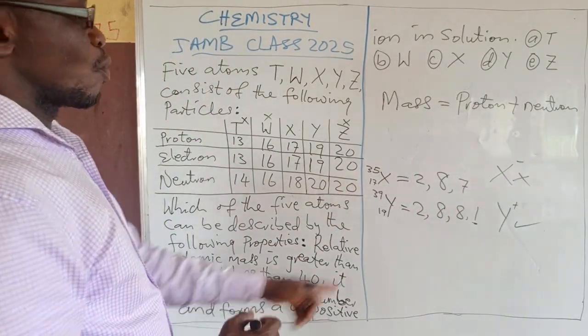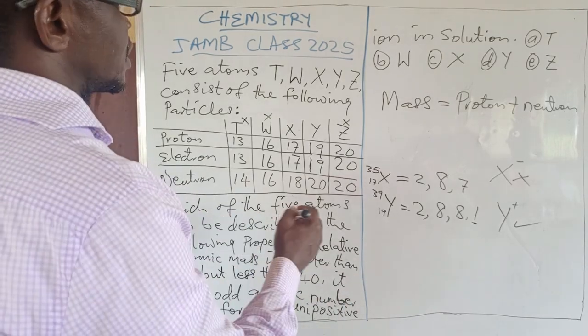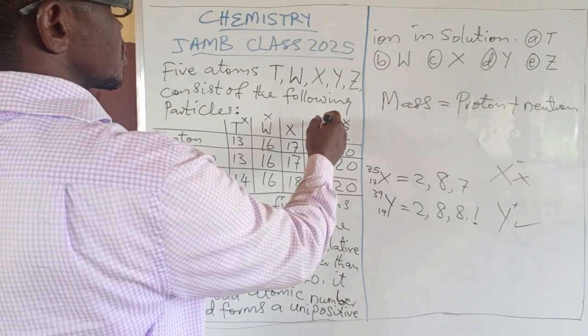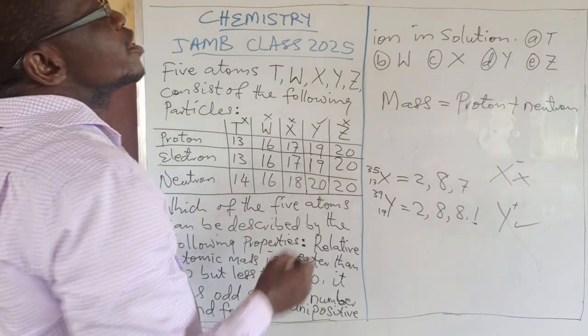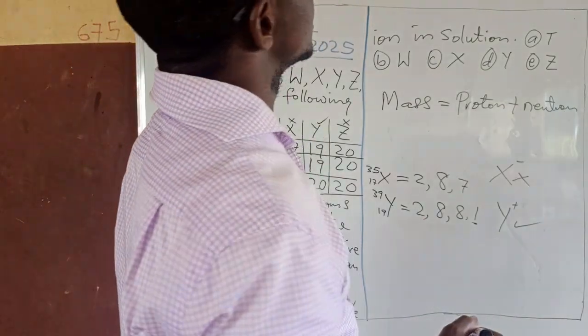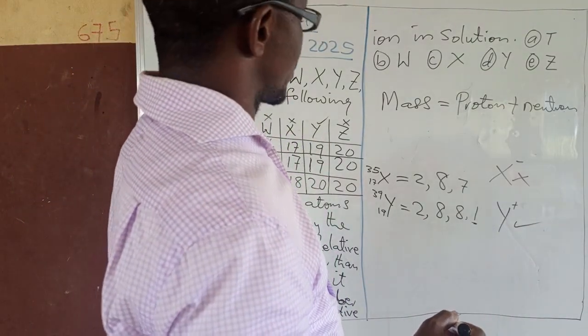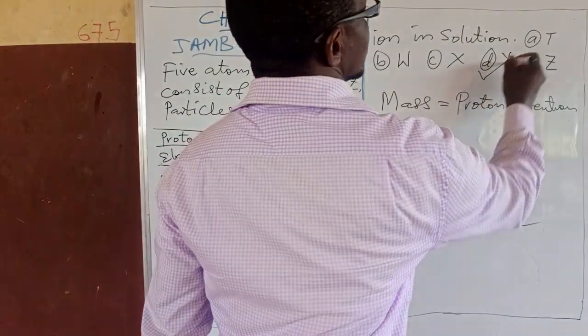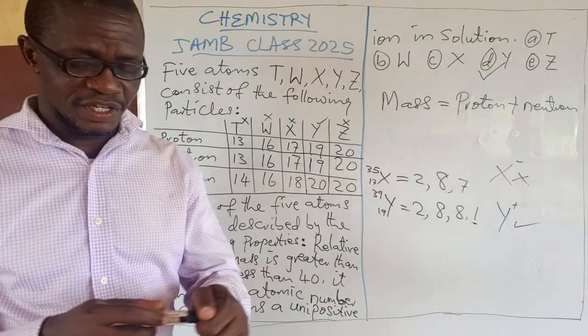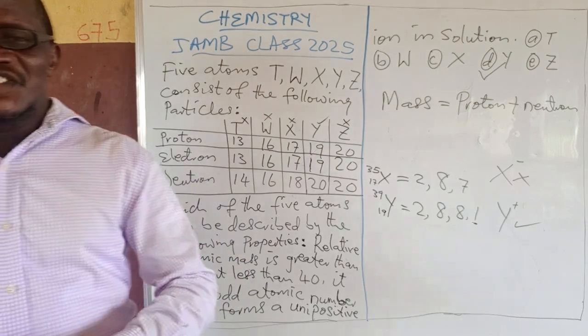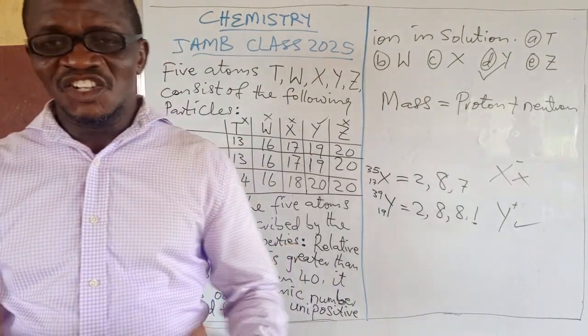So now Y is correct. So this is the correct one. Now check there. If you have anyone that is Y, that is the correct option. Okay, D is correct.